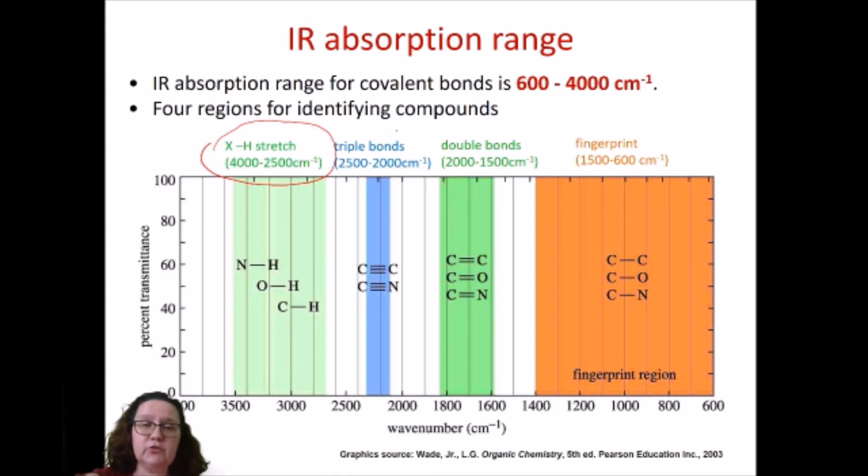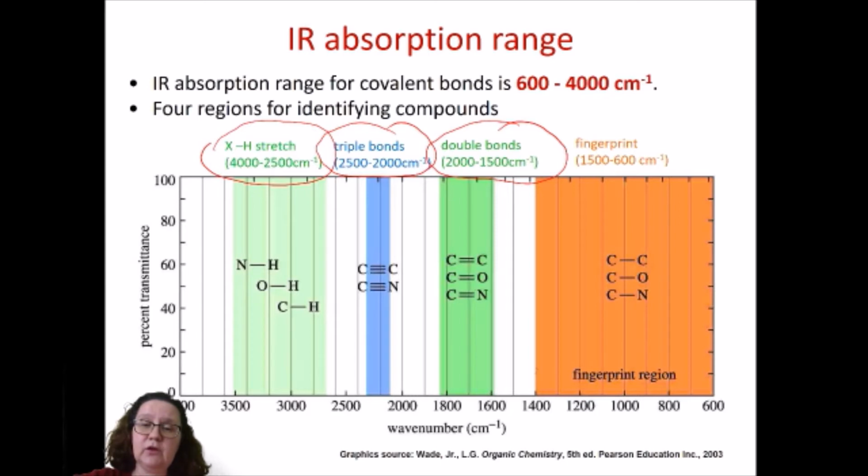Triple bonds tend to appear, carbon-carbon triple bond, or for example carbon-nitrogen triple bond, a nitrile group, in the 2,500 to 2,000 inverse centimeters. Double bonds, carbon-carbon, carbonyl group, carbon-oxygen, or an imino group, carbon double bond nitrogen, appear in the region between 2,000 and 1,500 inverse centimeters.